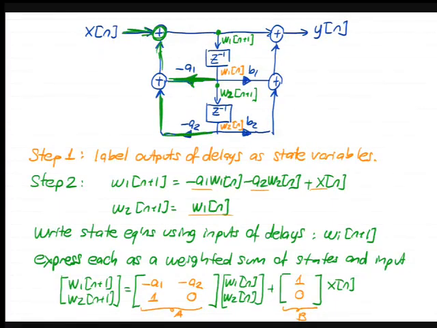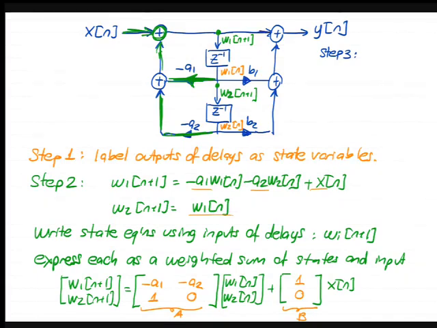Okay, so maybe I'll try to work it out in this corner. So a little step 3 corner here. Step 3. So I want to write y of n, right? So what is y of n in terms of the states and input? Y of n comes from the addition of 3 things, right?